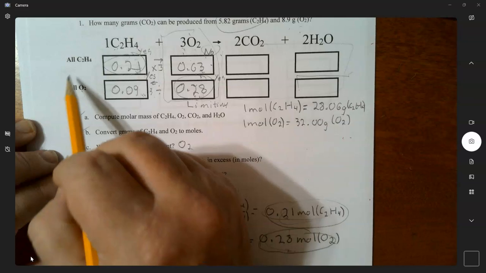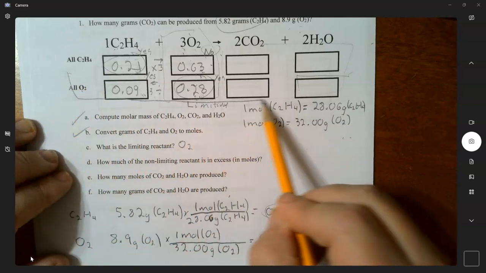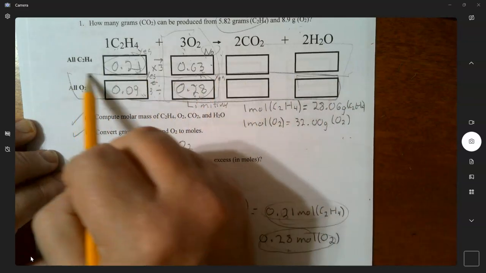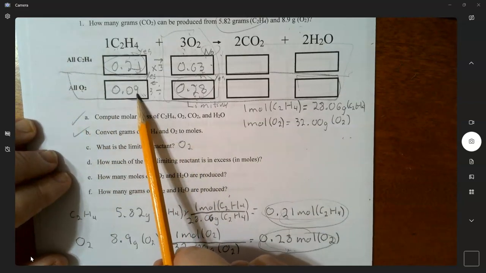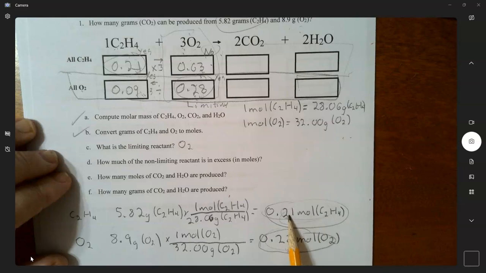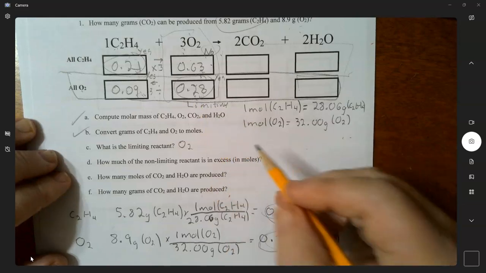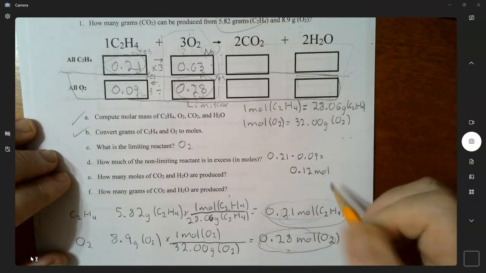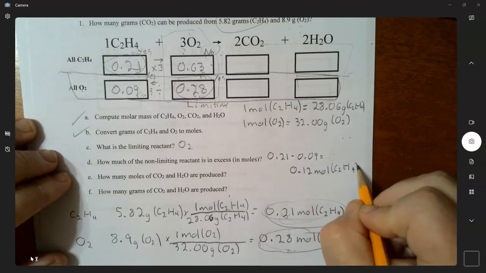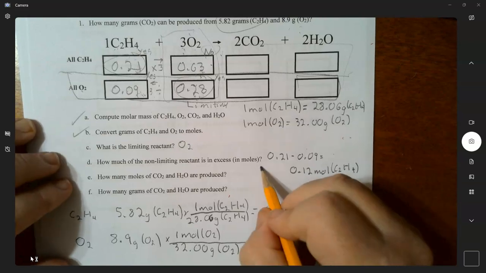You have that. So we're going to put a box around this one, which means we're going to use 0.09 moles of C2H4, but we were given 0.21, so the rest is going to be left over. Okay, so 0.12 moles C2H4 is in excess.